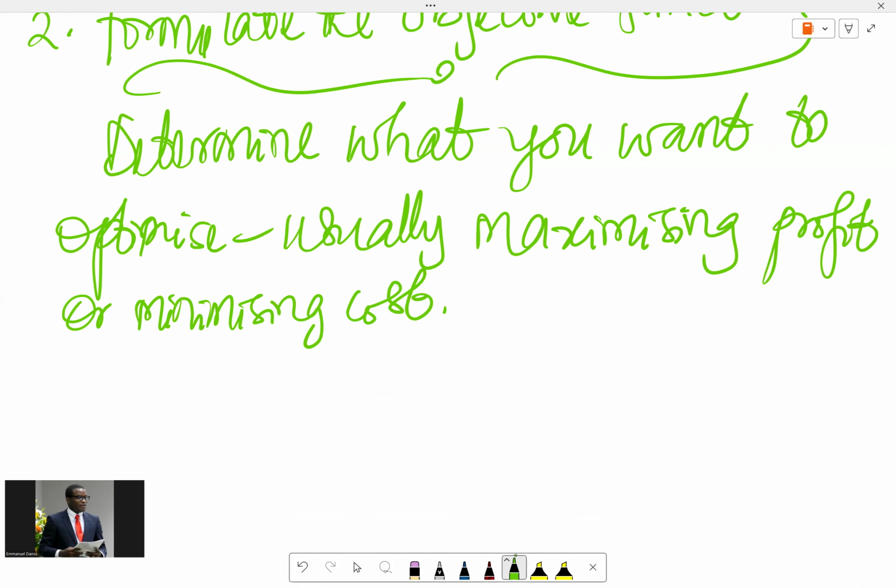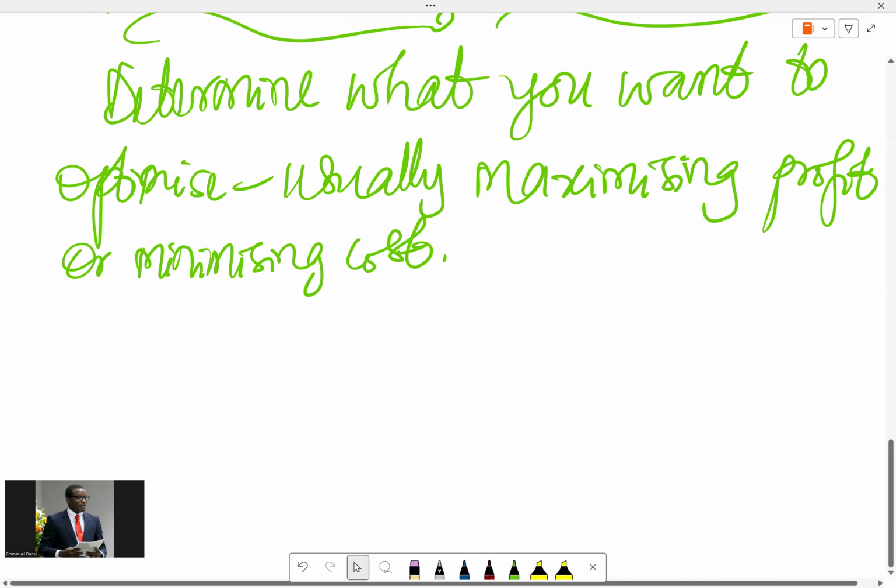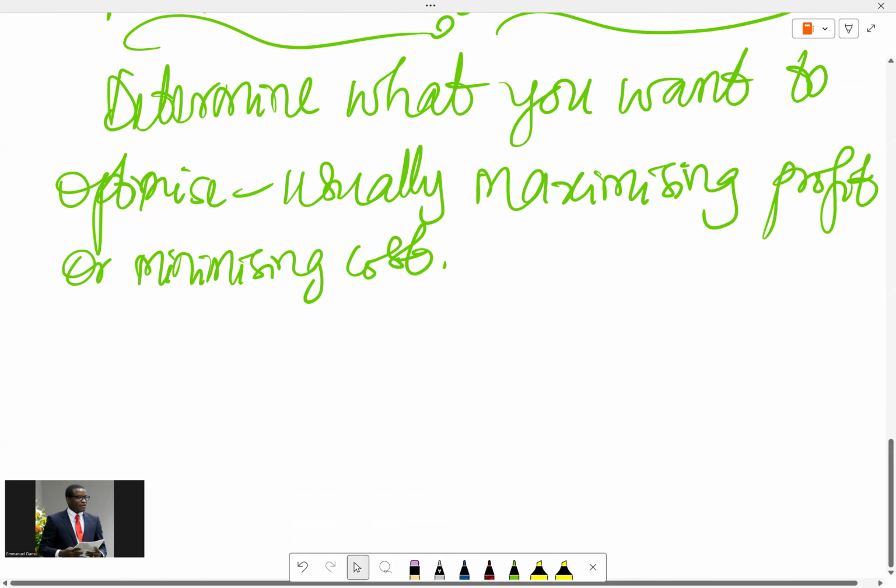In the general sense, you want to minimize what you don't like and maximize what you like. As a manufacturer, for instance, you want to keep your cost as low as possible so that you can have as wide a profit margin as possible.